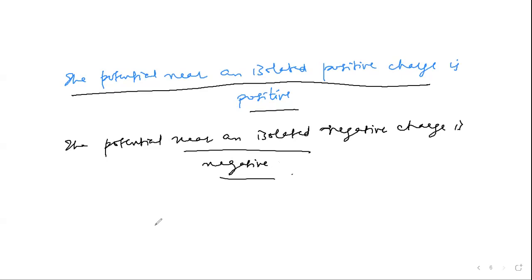So if I have a positive charge Q, at all points, P, Q, any point surrounding it, potential is positive. Similarly, if I have a negative charge, minus Q, then at all points in its neighborhood, potential is negative, right?